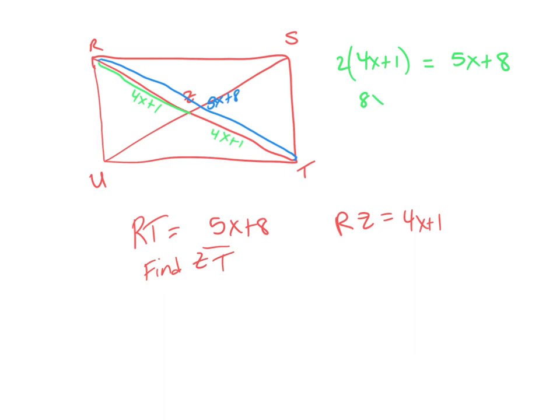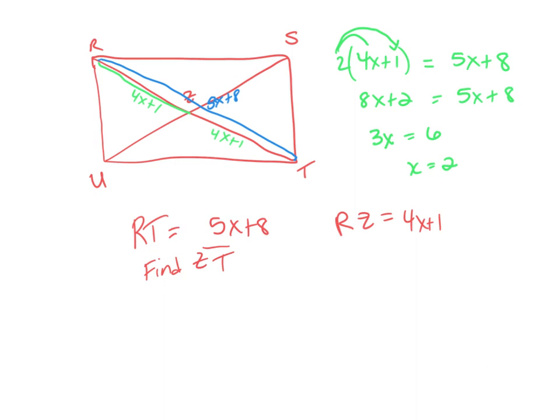So that's 8x plus 2, and on the test, you guys multiplied that fine, but you forgot to multiply the 2 times the 1. Equals 5x plus 8. And when I move the x's to the left, I get a 3x, because 8x minus 5x. And when I move the 2 over here, I get a 6, and x equals 2.